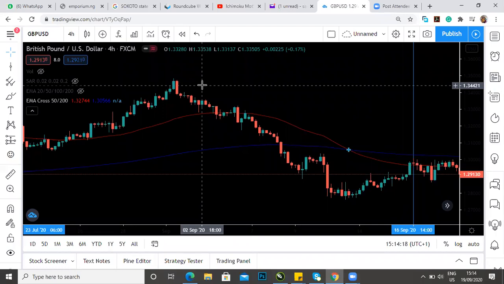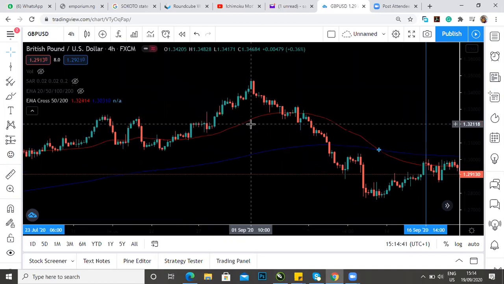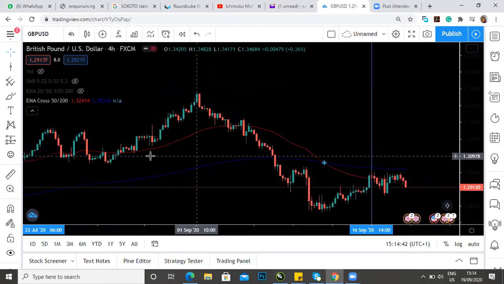You can also pick it up along the way, when the trade is going down, or if it's a golden cross, the way it's going up, and you know this thing is an uptrend. But it is far better for you to pick it at the edge, the start. And how do you determine that? That is where the EMA cross comes in, which is the 50 and the 200.